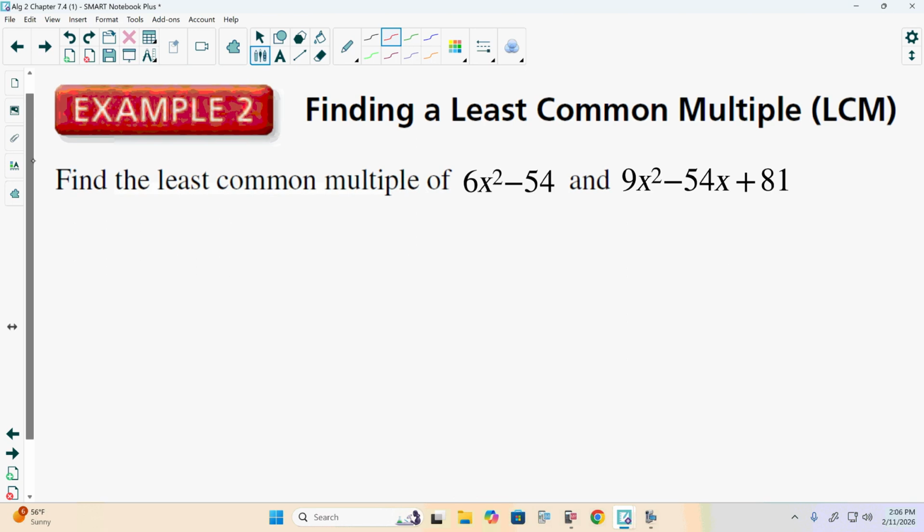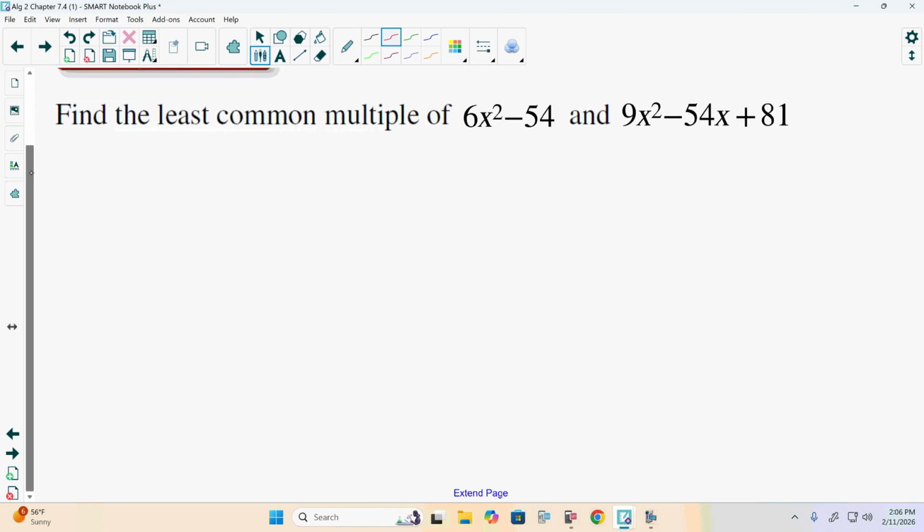Find the least common multiple of 6x squared minus 54, and 9x squared minus 54x plus 81. Doesn't mean there has to be, but I would always start with the greatest common factor for either one. 6x squared minus 54.